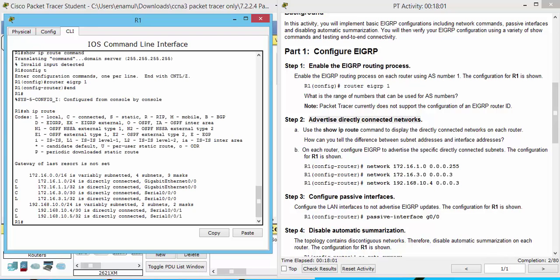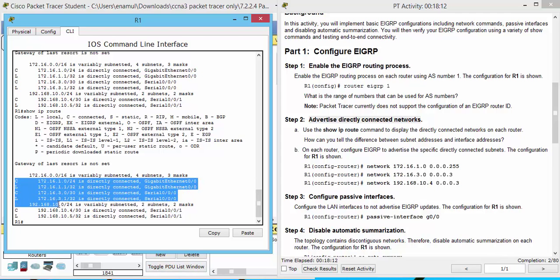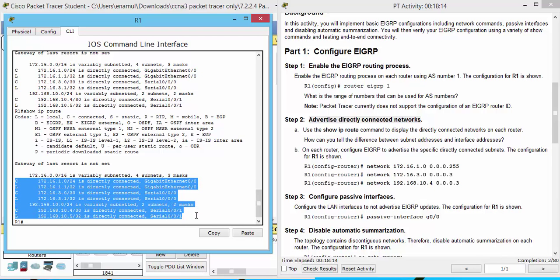Now we see these are all directly connected networks. C stands for the network address, and L is the local host, which is the interface address. The one thing they have in common is that they are all directly connected networks.